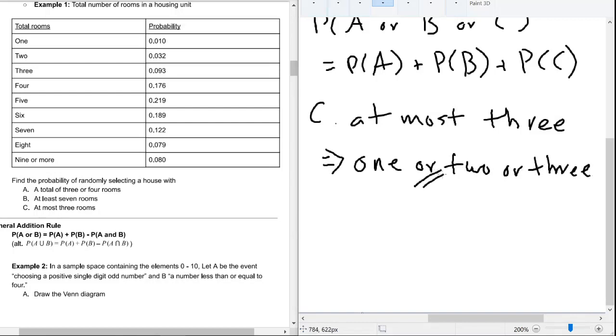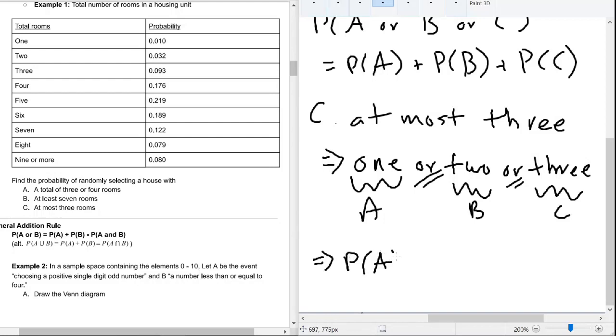Notice that we're introducing these keywords or, right? And since we have a formula for or, as long as these events are disjoint, we can use that formula. So once again, we call this event A, event B, event C, and now we can add the individual probabilities together.